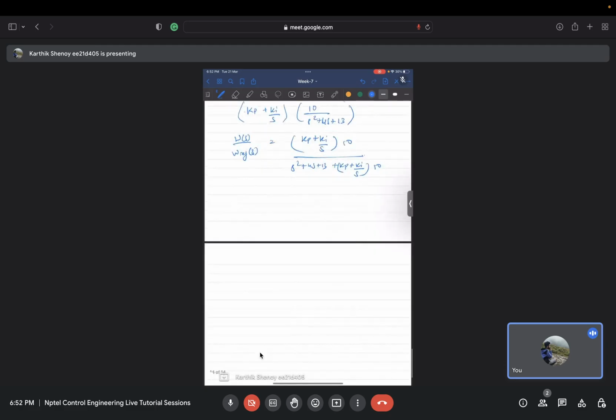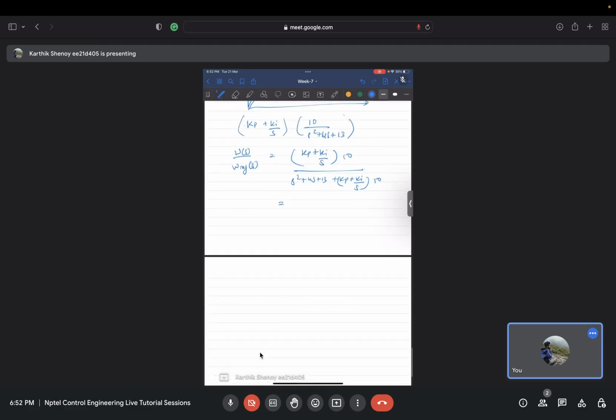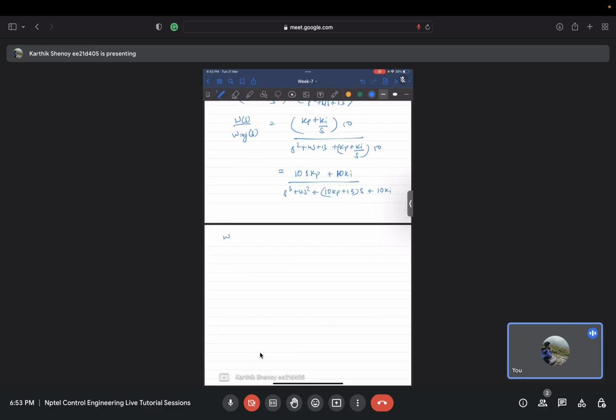So then what will I get? That is equal to 10 kp s plus 10 ki divided by s cube plus 4s square plus 10 kp plus 13 s plus 10 ki. Now if you see, omega final is equal to limit s tending to 0 of s times omega reference of s times this entire term.